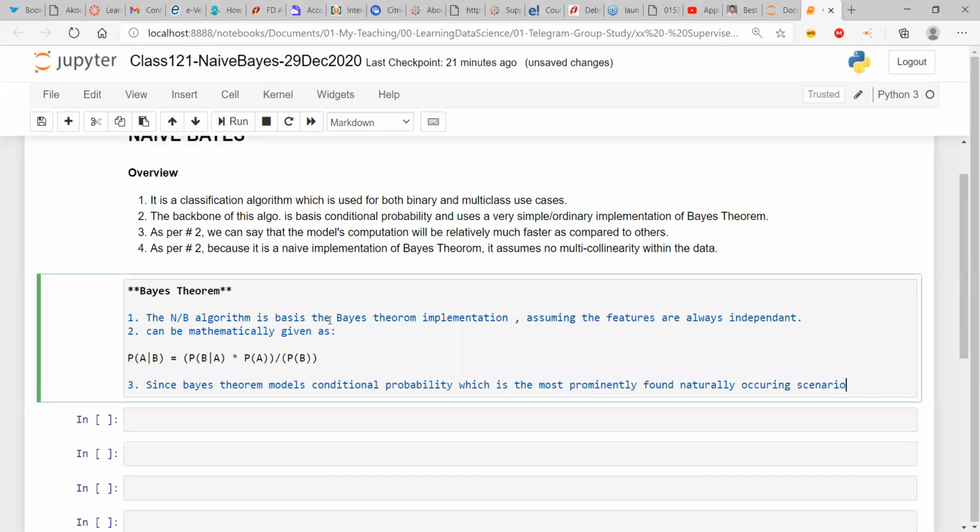For example, it is really cold here in the city where I am, right? Because it is cold, I am actually wearing a sweater, right? So even simple things like this can be modeled using conditional probability.